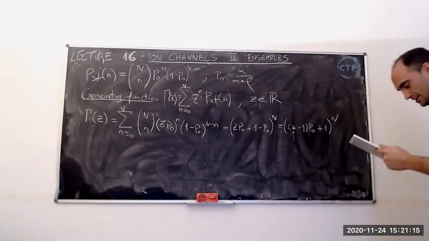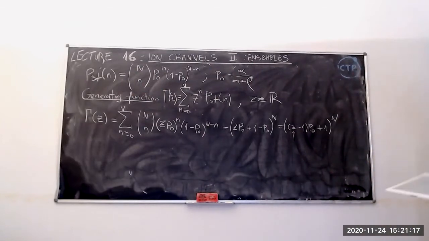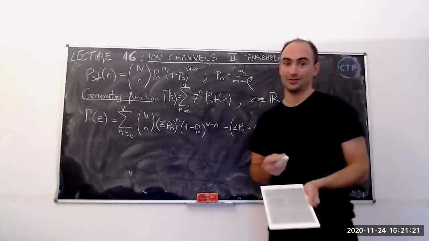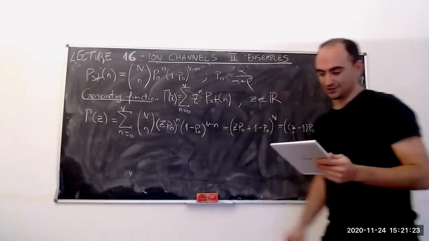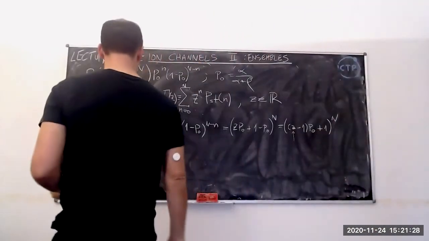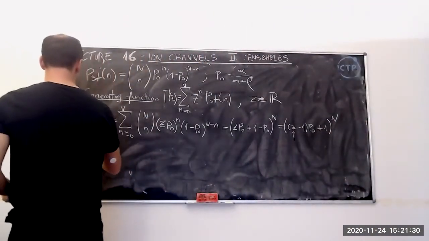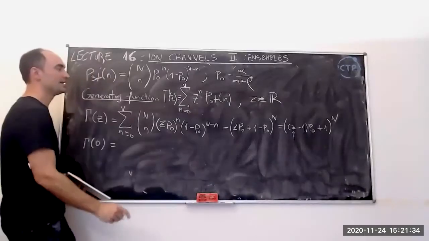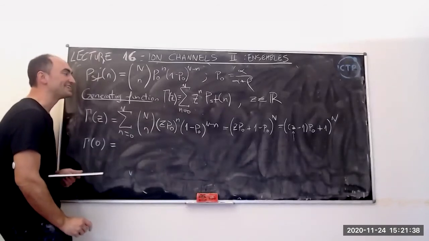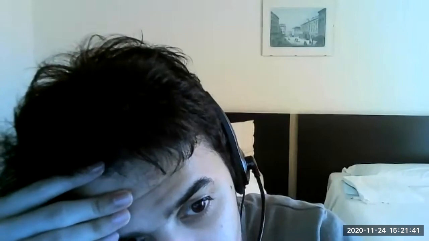All right, so what can I do with the generating function? It is called generating because it generates all the moments. We can easily calculate all the moments. First, something very trivial: what is the generating function at 1? It is the normalization condition, and it should be 1.